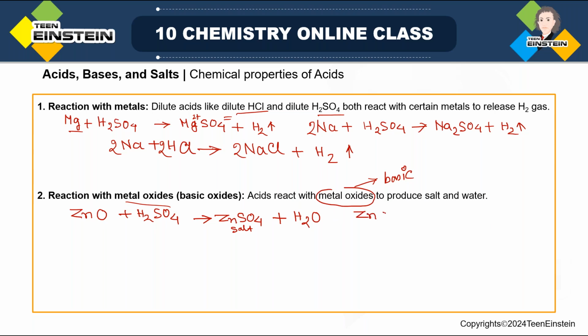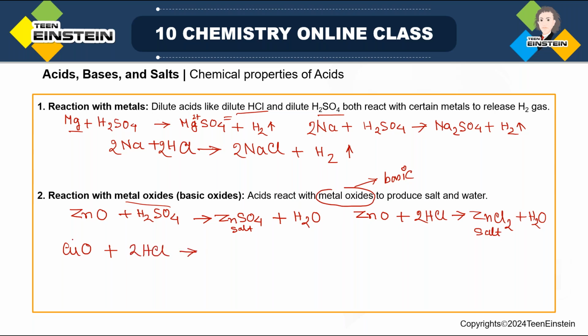Another acid also we can take, ZnO and 2HCl. In this case, there will be zinc chloride, salt, and H2O. So in the first case, we are getting the salt ZnSO4. In the second case, we are getting zinc chloride. Another reaction we will take with another metal oxide. Suppose it is copper oxide. It is reacting with HCl.